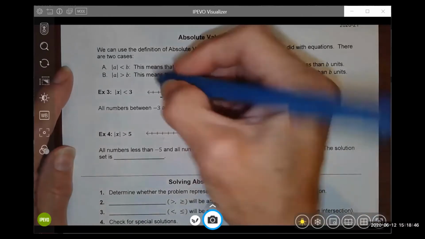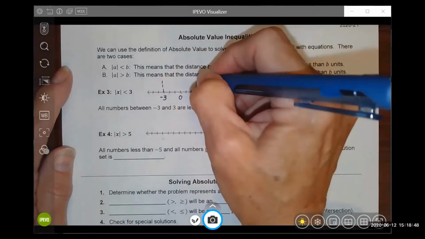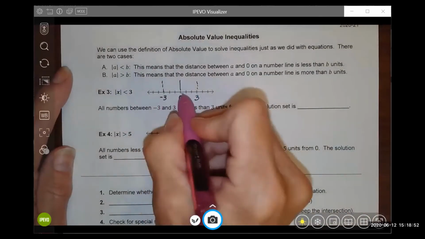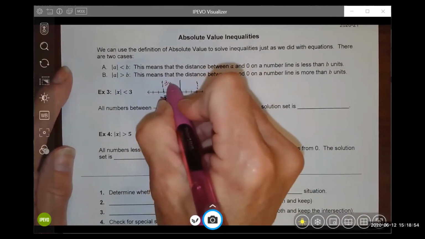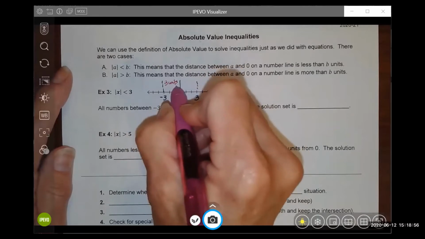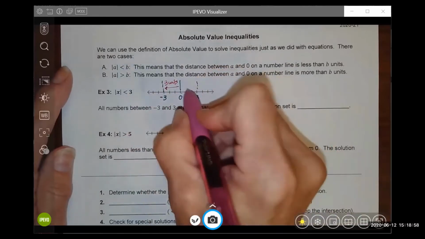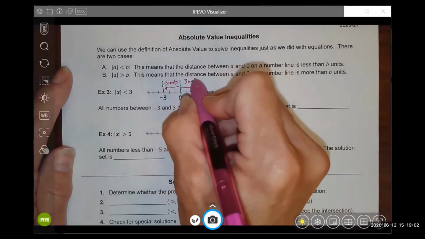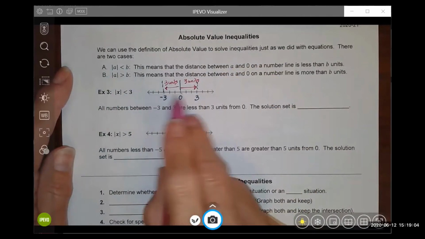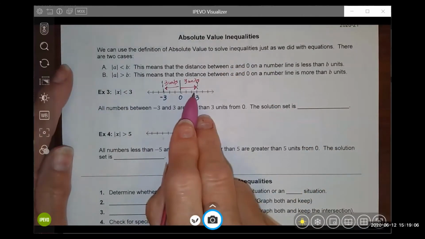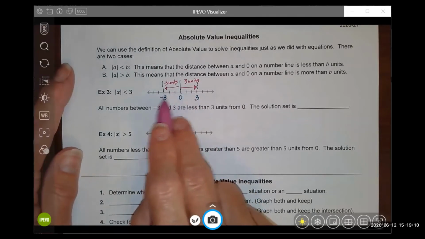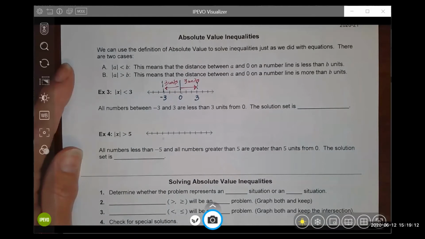So if I think about it, I'm going to just highlight this a little bit. From -3 to 0 is 3 units. This distance is 3 units. The distance from 0 to 3 is 3 units. So x can be any number that lies in between those two, because that number by force has to be less than this total distance.